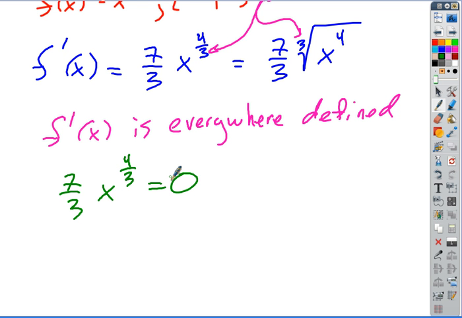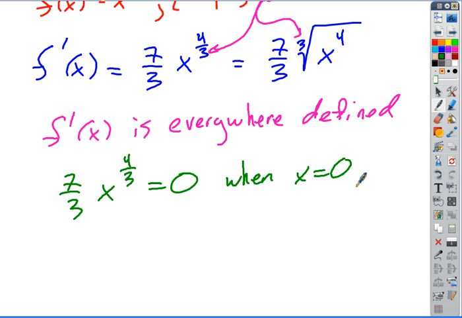So what difference does it make? 0 to any power other than 0 is 0, right? So this is true only when x equals 0. So that's our one and only critical number, right?